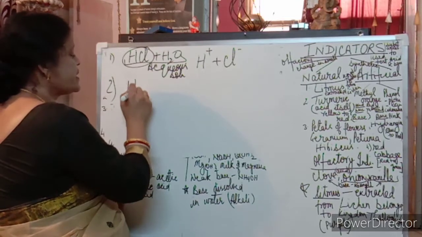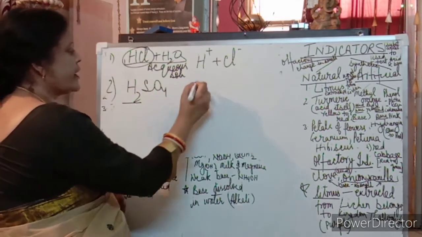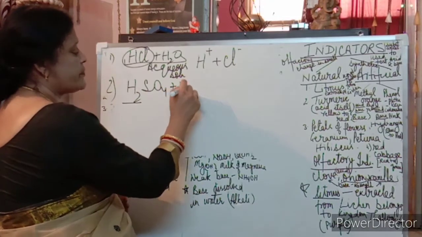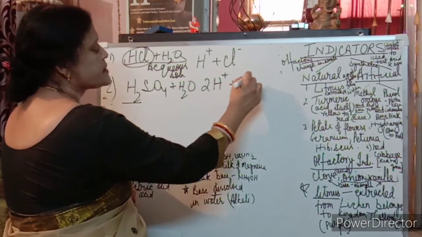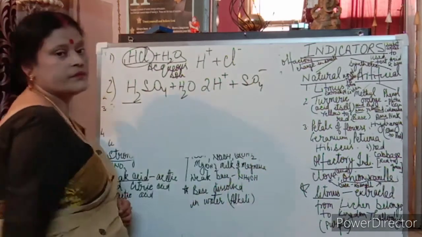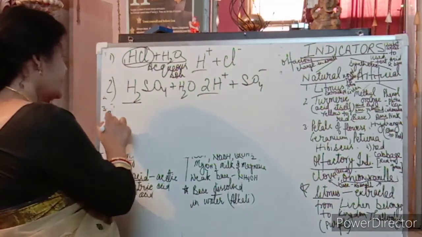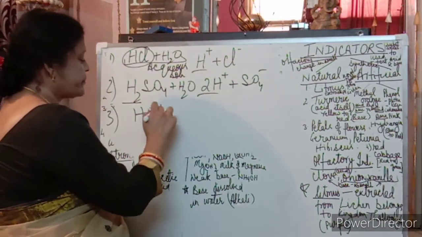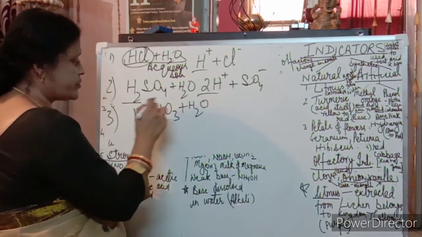Number 2 example, H2SO4. How many hydrogen? 2 hydrogen plus water, that is we are making an aqueous solution. So, 2 H positive plus SO4 negative. That means, see, H positive. Third, HNO3 plus water, again making an aqueous solution.